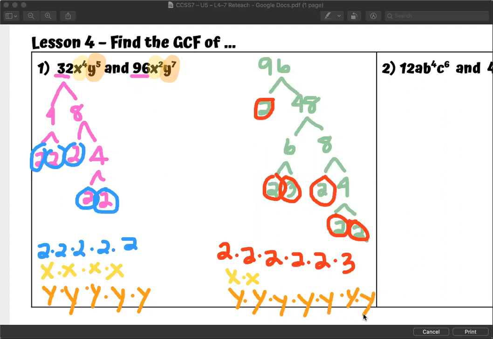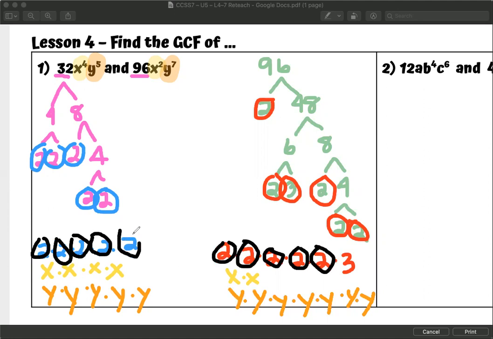So now when we're finding the GCF, we're saying what is the largest number they both have in common. So first, looking at our numerical values, they share a 2, they share a second 2, they share a third 2, they share a fourth 2, and they share a fifth 2. So 2 times 2 is 4, times 2 is 8, times 2 is 16, times 2 is 32 is the numerical value they share.